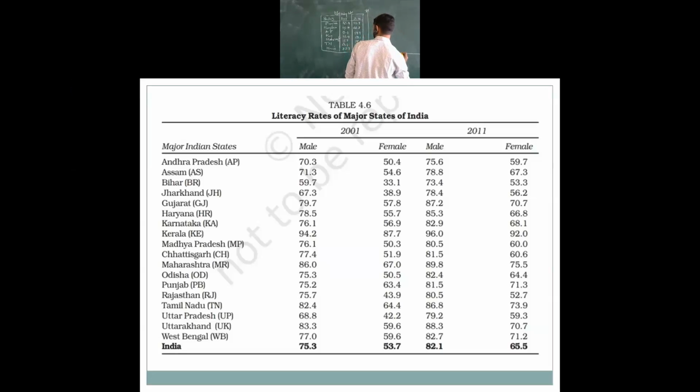Fifth, Maharashtra. Next, sixth is Tamil Nadu. Then Kerala. As usual, you can take the scale as 10, 50, 60, 70, 80, 90, 100.